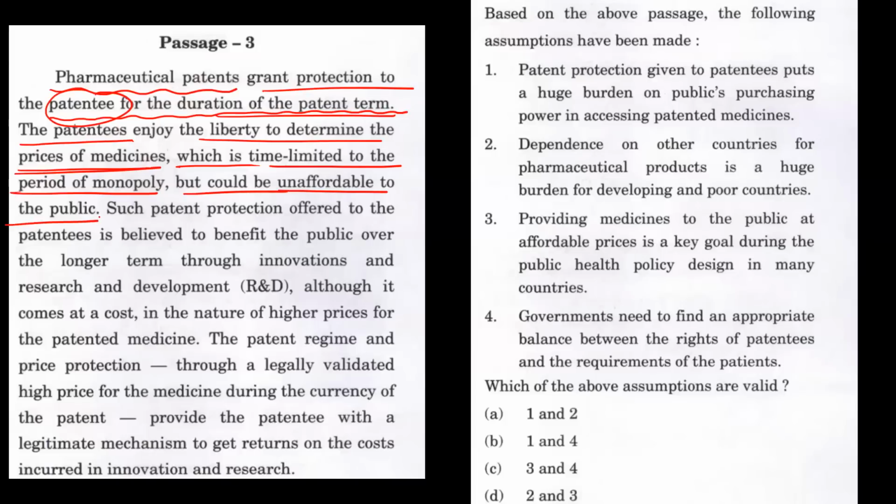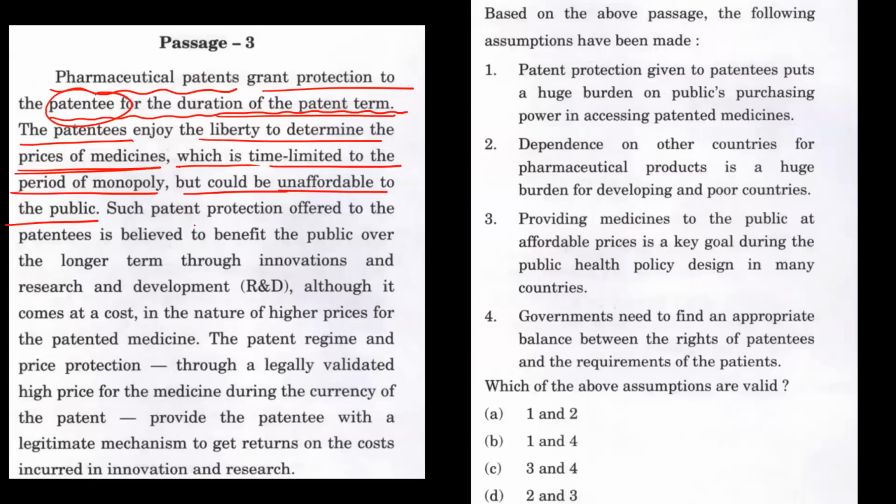It is saying that the patentee, the patent holder, enjoys liberty to determine the price of the medicine in the limited period of monopoly. But the result is that the medicine becomes unaffordable to the public.